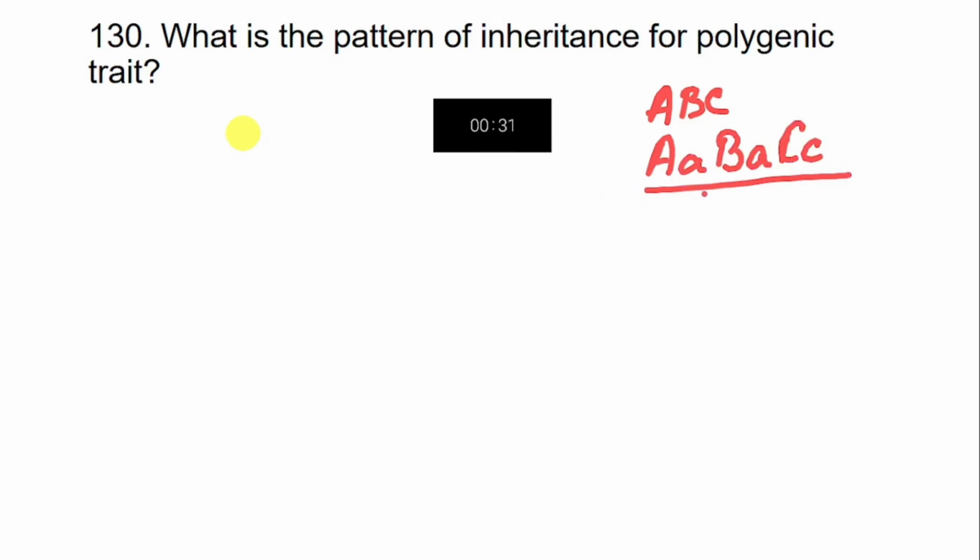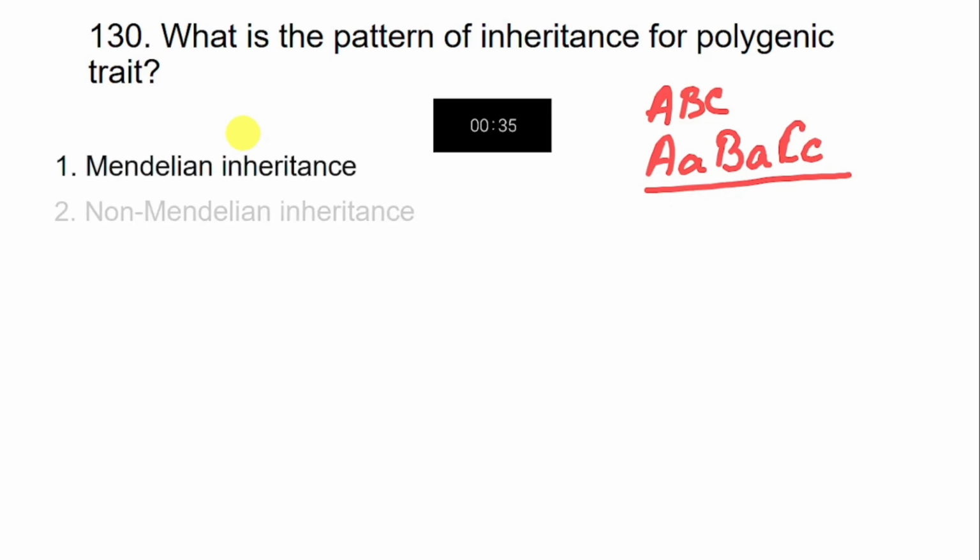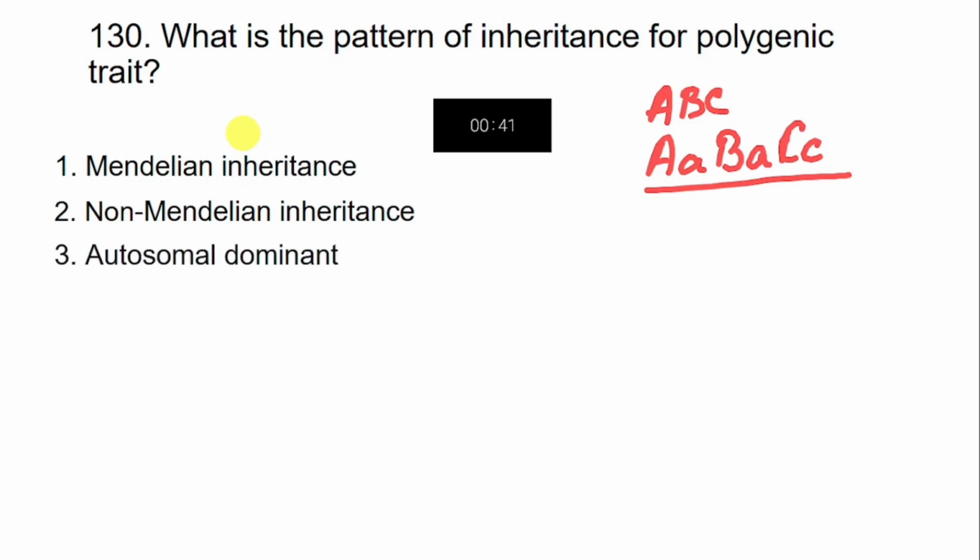Here you see continuous variation. So it is not Mendelian, it is non-Mendelian. It is not autosomal dominant because we have the recessive alleles also. It is not X-linked. These are autosomal. So the right option will be option 2, non-Mendelian inheritance.